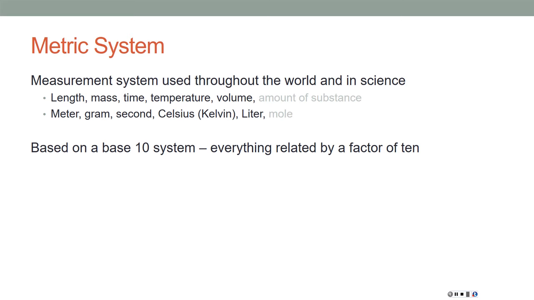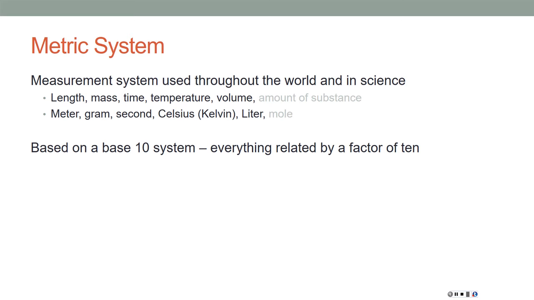In the English system, we have feet, yards, miles, and apparently there's one called rods, furlongs, leagues, I don't know what else. There's a lot of them, and they're all related to each other in different numbers. In the metric system, everything's on 10 and it's all in meters. Mass is always in grams, time is always in seconds.